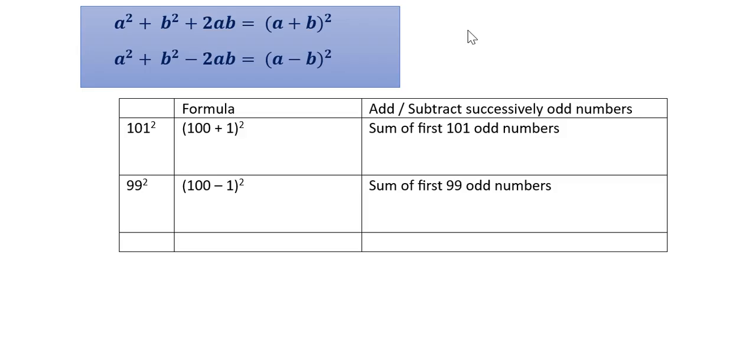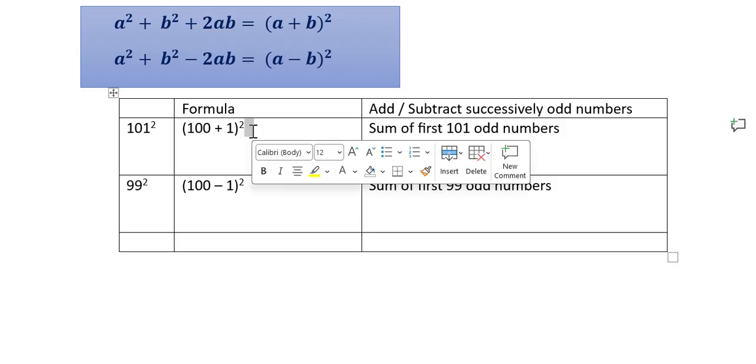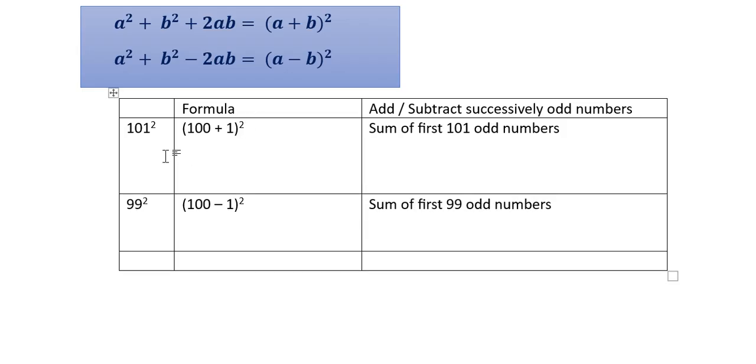Okay, so let's take an example of finding the square of 101 and 99. Let's first use the formula. For 101, we can say (100 plus 1) whole square. When we solve using the formula, it will be a square plus b square plus 2ab.